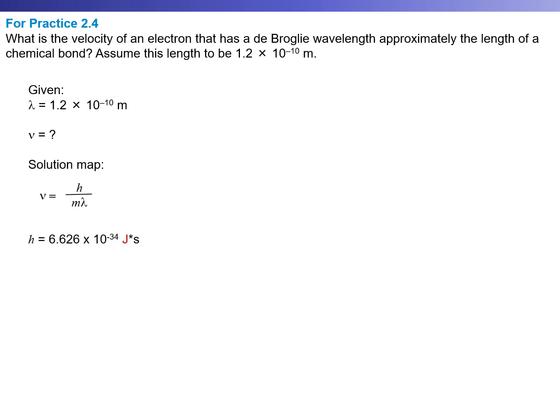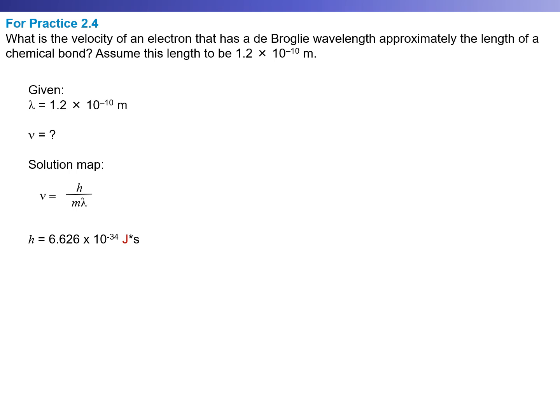You might remember Planck's constant is equal to 6.626 times 10 to the negative 34 joule seconds. But if we look at the denominator of our equation, we're going to have a mass there, and mass is measured in kilograms. Joules is actually what I would call a contrived unit, and it comes from multiplying different things together, one of which is a mass.